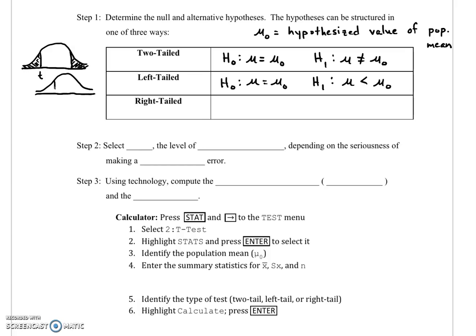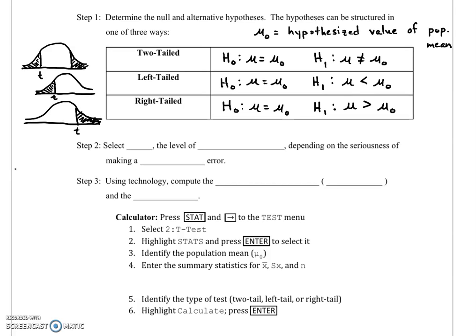So left-tailed test means we have our test statistic and we go to the left. Right-tailed is the null hypothesis is mu equals mu naught, and the alternative hypothesis is greater than. And so that one looks like test statistic and we need the probability to the right.